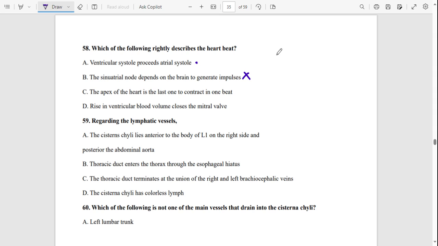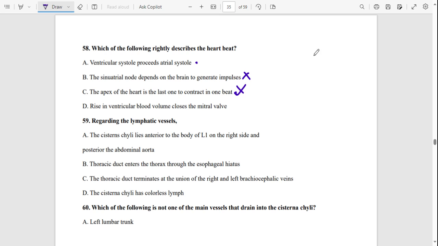Okay, so when contraction is happening, first you are going to have the depolarization of the atrium, and then the repolarization of the atrium, the depolarization of the ventricles, and then the depolarization is going to spread to the rest of the heart. So it can be the last one to contract, but yeah, so that is true. Actually, this is not true.